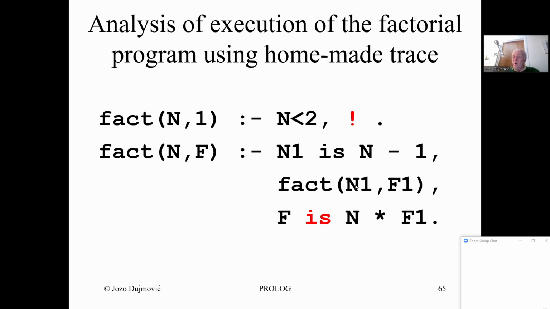And when you come with 1 and jump here, you get as a result 1. Now you have this result 1 that comes out of it, and then you multiply 1 times 2, and then 1 times 2 times 3, and the result times 4 and 5. And at the very end, when you come to the last one, you return here 120.